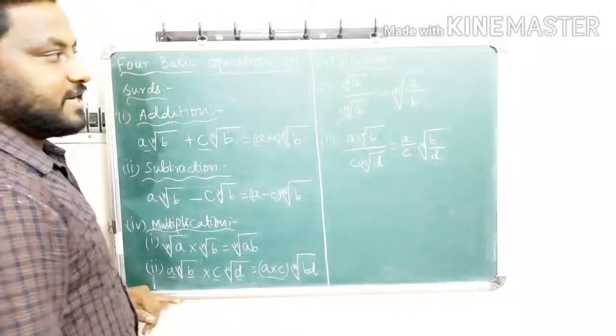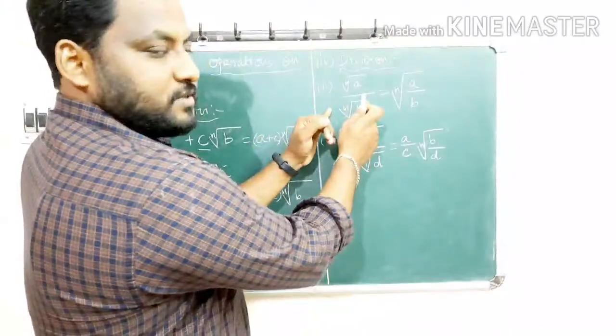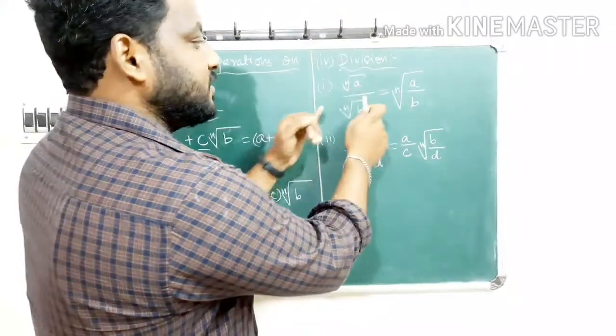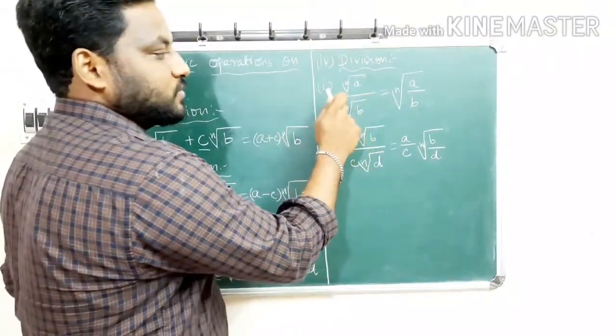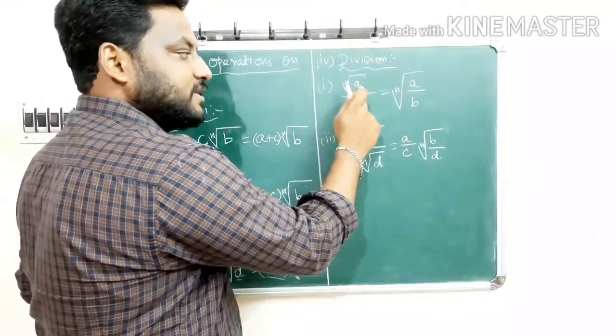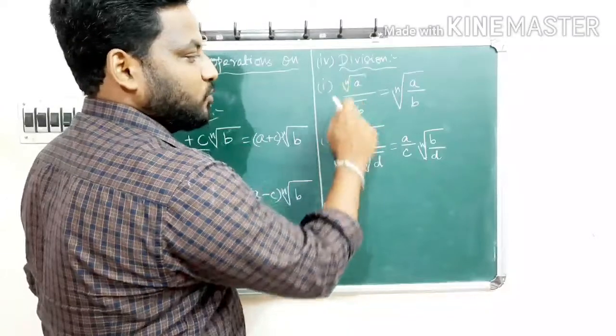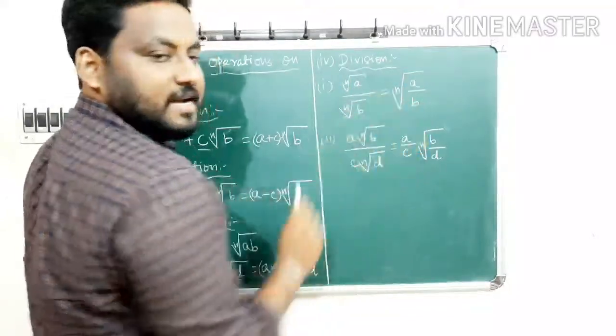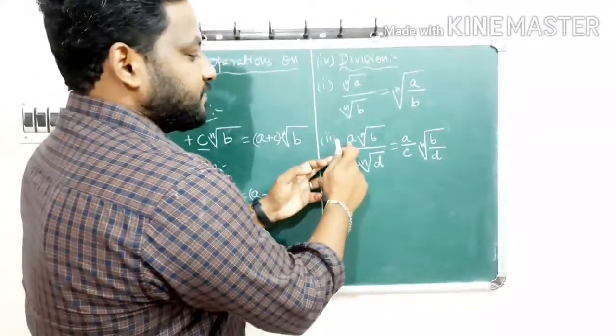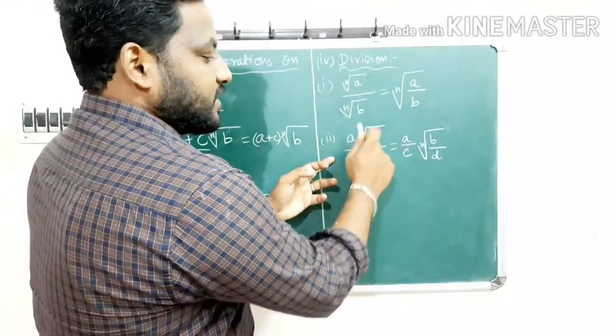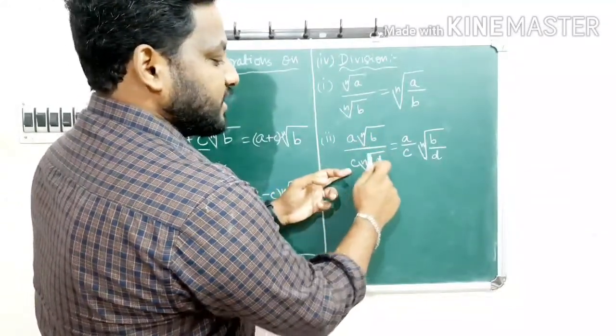Same thing. And then next, division. The first one we have already seen in the radical notation. So nth root of a divided by nth root of b is equal to, the nth root is common, so nth root of a divided by b. And then the second one, a into nth root of b divided by c into nth root of d.